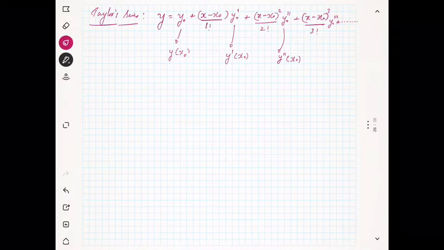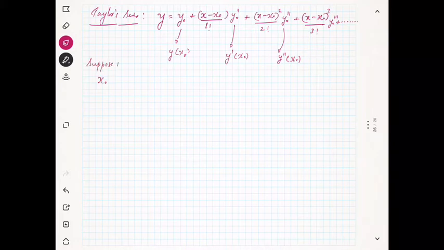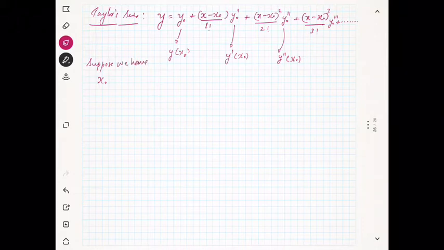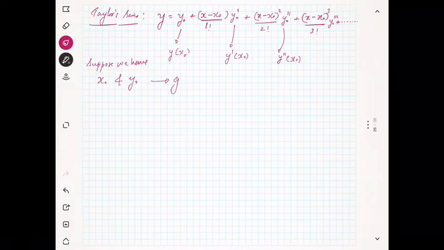Now suppose we have the point x naught, and x naught and y naught are given as the initial values.